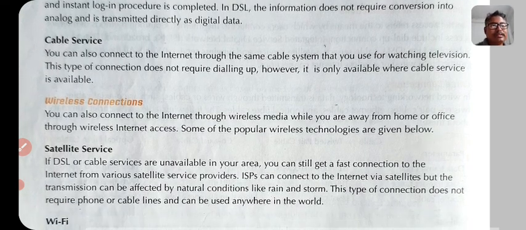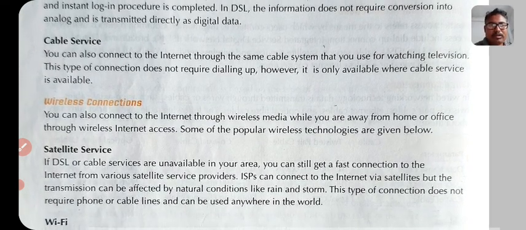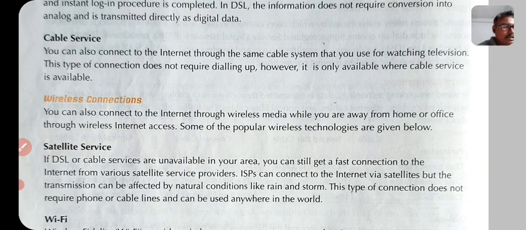That means you can use the cable line, which you are using for watching television, as internet also. It is not possible in all areas, only where the cable service is available. So those are the wired connections we have discussed.